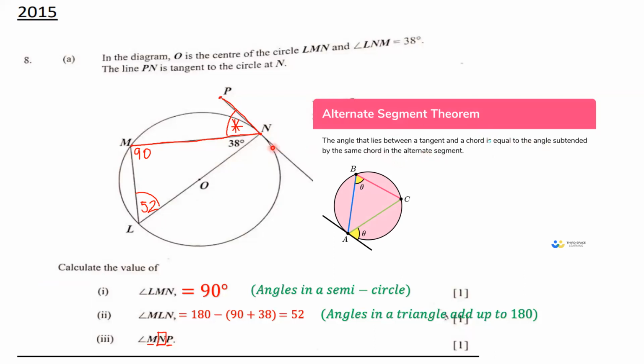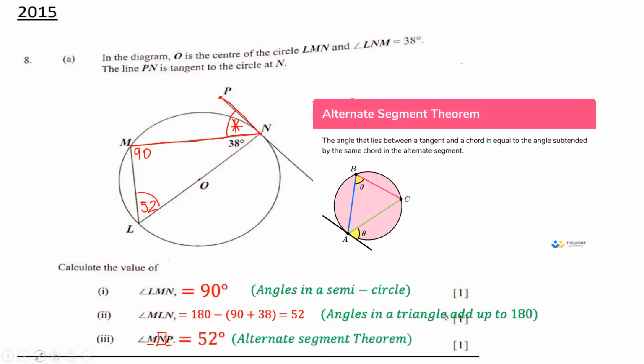And so if we look carefully here, PN, that's the tangent line, right? And then MN, that's the chord, right? So the angle formed between the tangent line and the chord is this one, right? And the angle that is subtended by the same chord on the alternate segment is definitely this one. And so the answer is definitely 52.